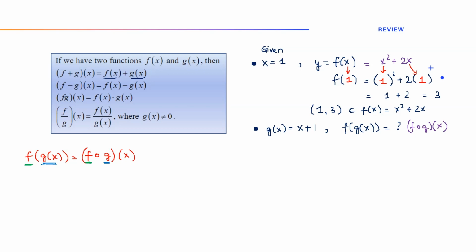And now we see that we have f of x is x squared plus 2x, but now our x inside is a function. So we do the same. We can just write f of x, open parenthesis, x squared, and now plus 2x. Now we plug in what value? g of x.